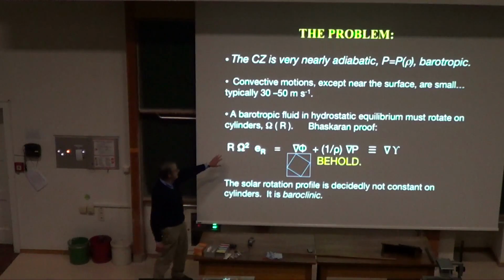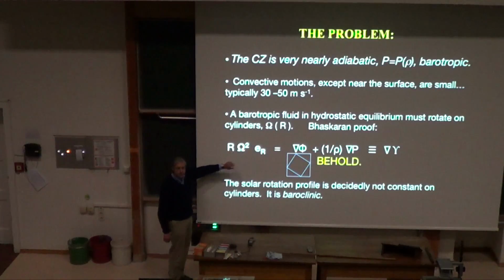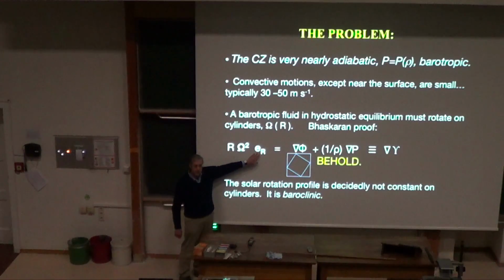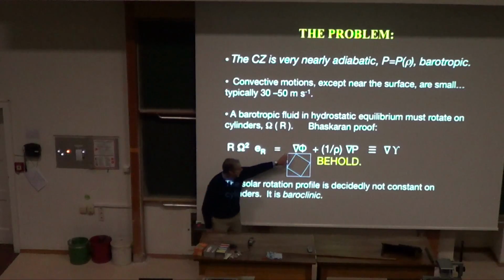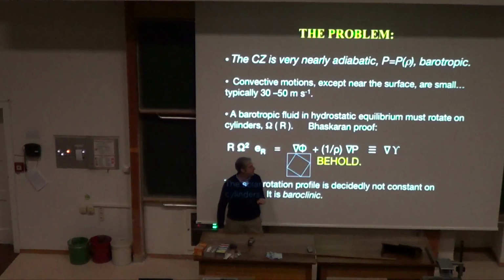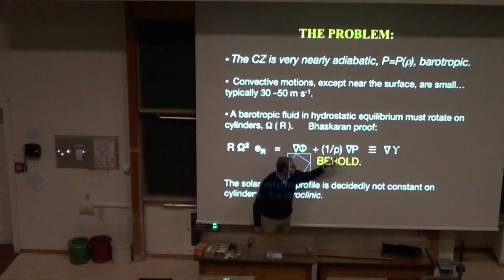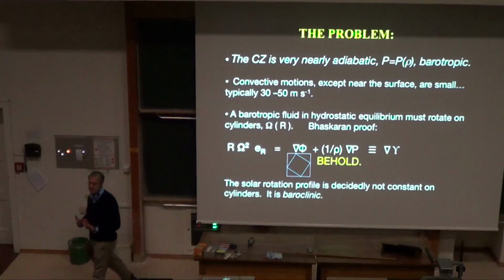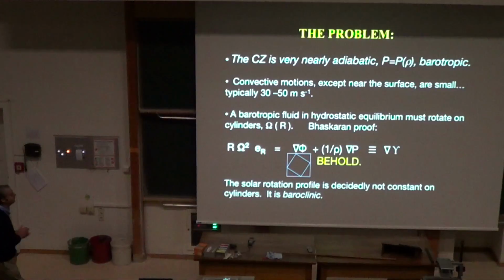Namely, I simply write down the equation of motion. So here's my centrifugal term, r omega squared, in the r direction, remember, cylindrical r. Here's my gravitational potential plus 1 over rho grad p. In the case when p is a function of rho, then the entire right-hand side is a gradient itself, called gradient of upsilon.